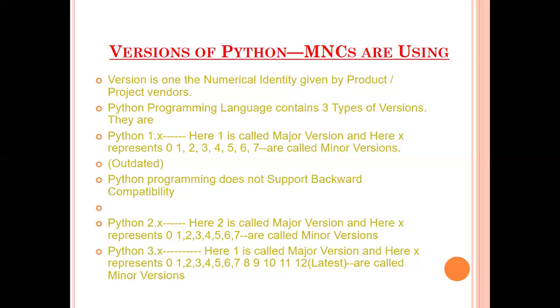Next we have Python 2.x, where we have Python 2.0, 2.1, 2.2, 2.3, 2.4, 2.5, 2.6, up to 2.7, and some MNCs are still using these versions. Now, the newest version, the latest version, is Python 3.x.